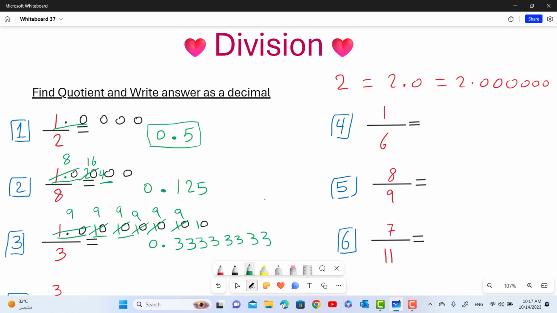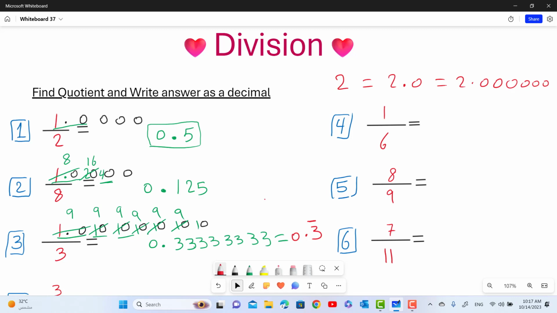If you see this happen 3 or 4 times, don't continue. Write the repeated number in the answer only. And you can write it in a short way, like this: 0 point. Which number is repeated here? 3. We put a dash above it like this. And this is called a repeated decimal.